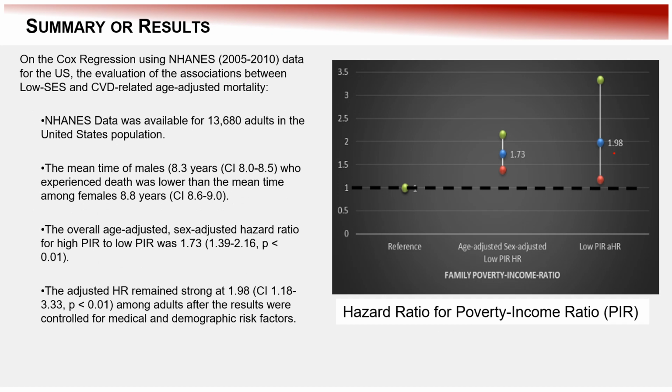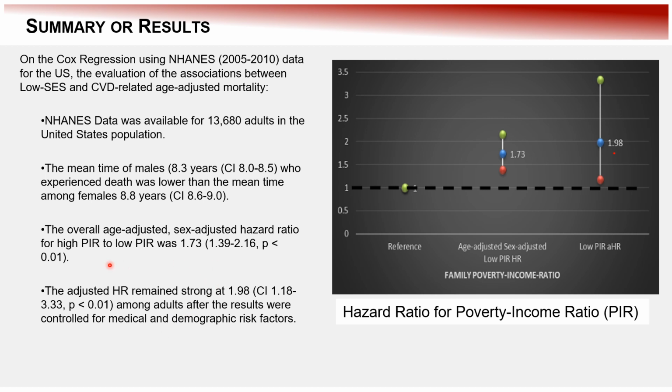On the Cox regression analysis using NHANES, we found that the mean time to death of male participants was shorter than that of females. We compare 8.3 years for males compared to 8.8 years for females.